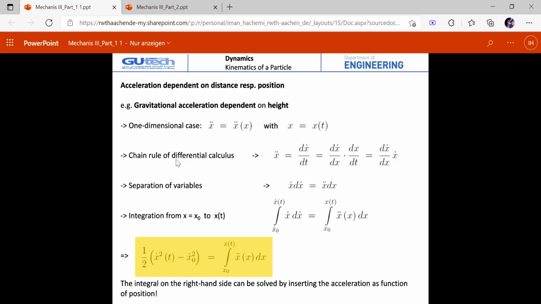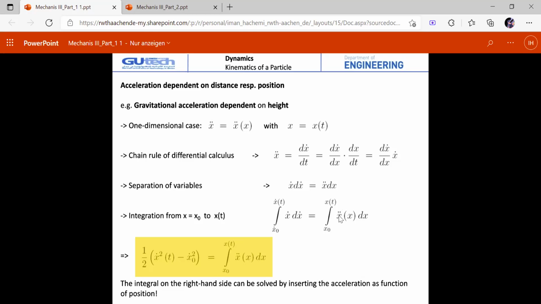It means we have to use what we call the chain rule of differential calculus. By definition, x double dot is only the time derivative of the velocity, and the velocity itself depends here on the position, and the position depends on time.